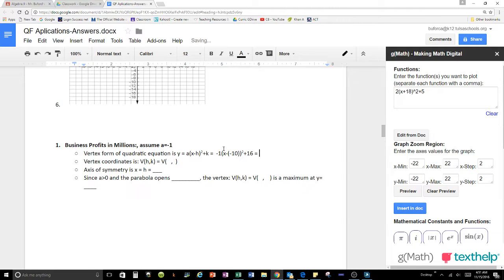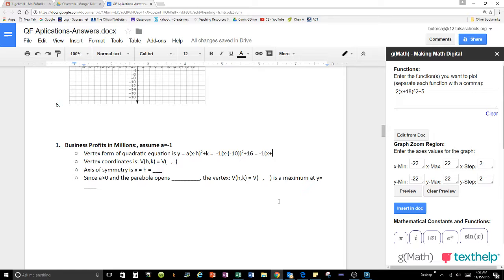Now we're going to rewrite this again. -1 x and now it's going to be x plus, because we have a minus and a minus, so that's going to be a +10. H is equal to -10, and so we have x minus a -10, but since we have a negative and a negative, this expression here is going to be positive.